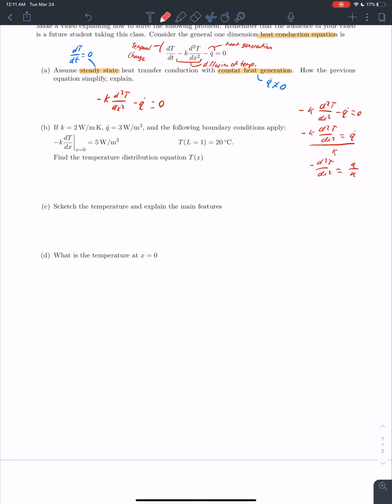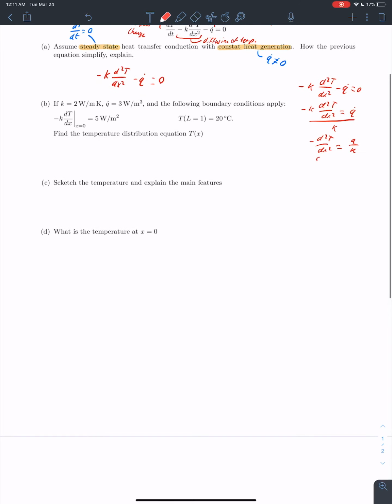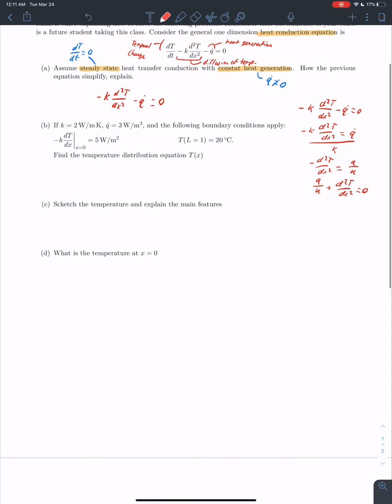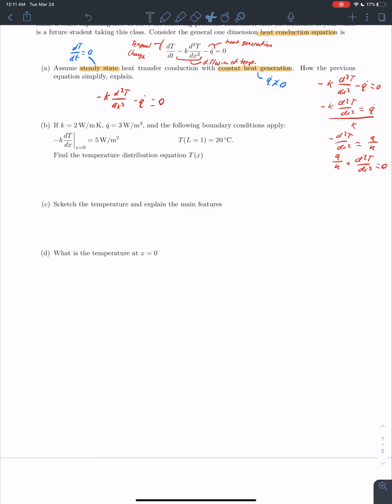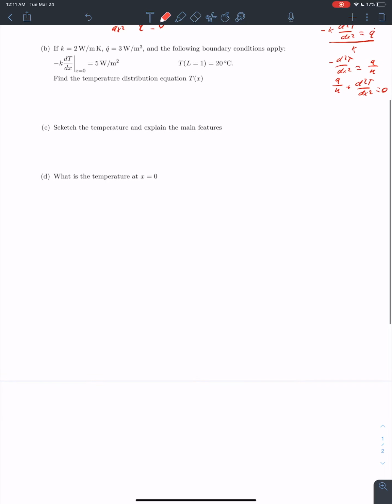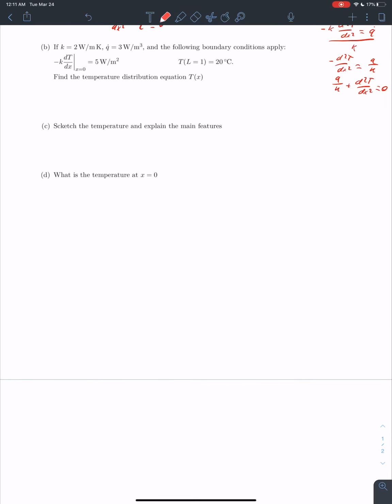Okay, so we can see that q divided by k plus this is also equal to 0. So just a little visual so it doesn't look like anything came out of thin air.